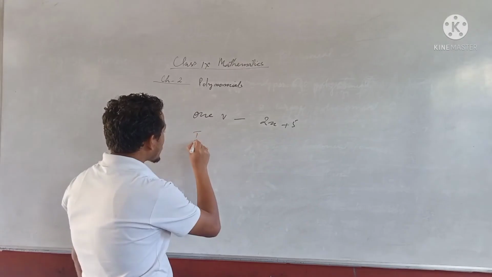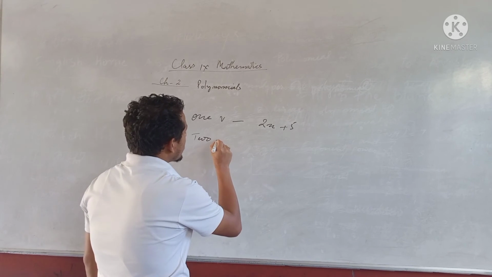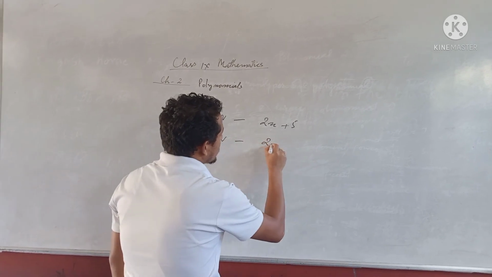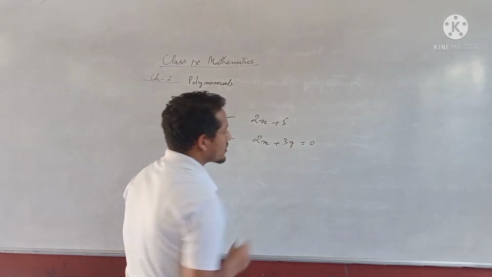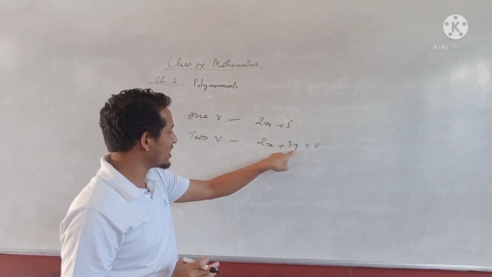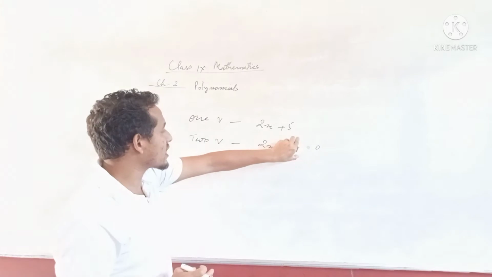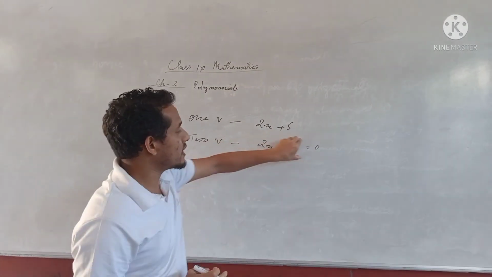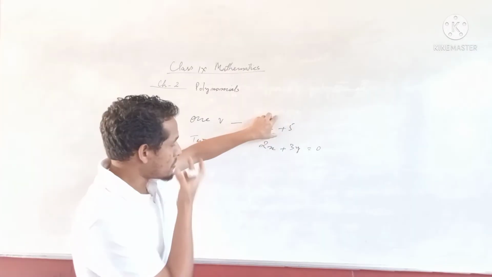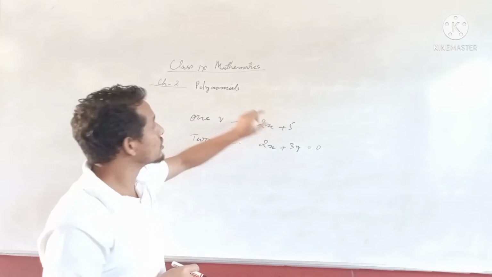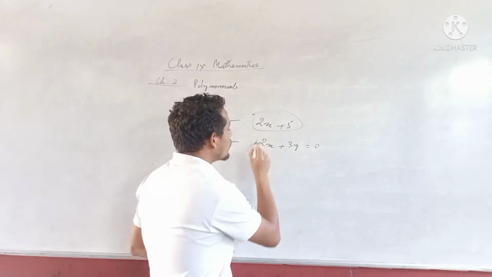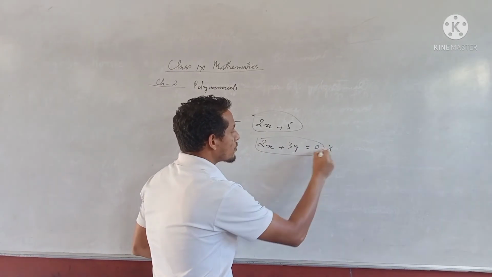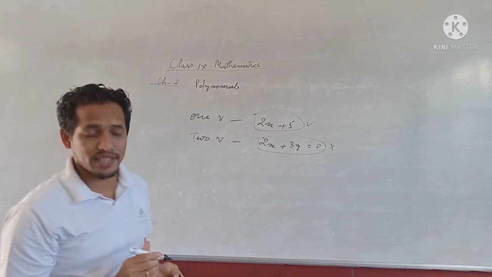If it is two variables, then an example is 2x plus 3y equals 0. So x is also there, y is also there. This type of equation is called two variable. This type of equation is called one variable. So we will be studying polynomials in one variable, not in two variables.